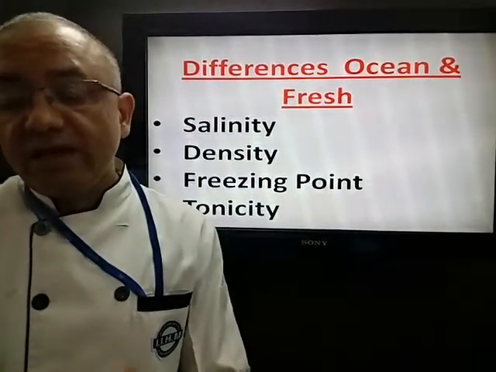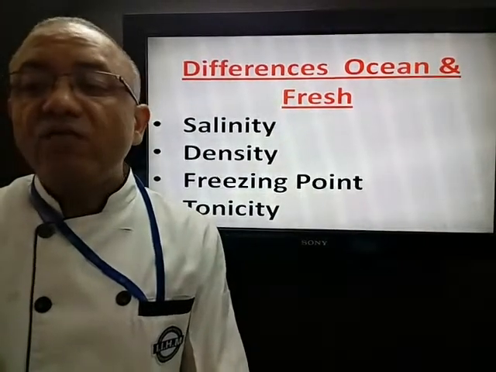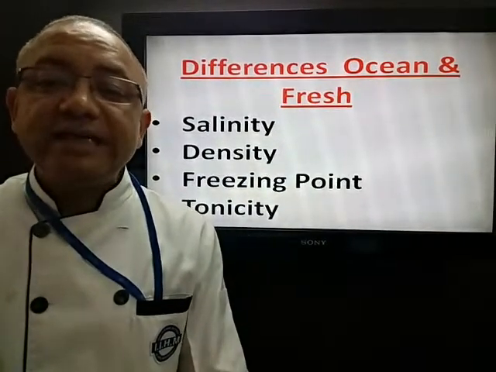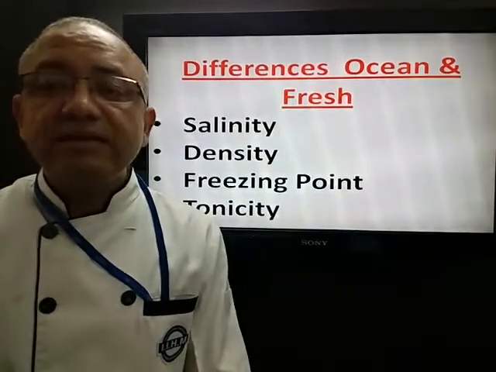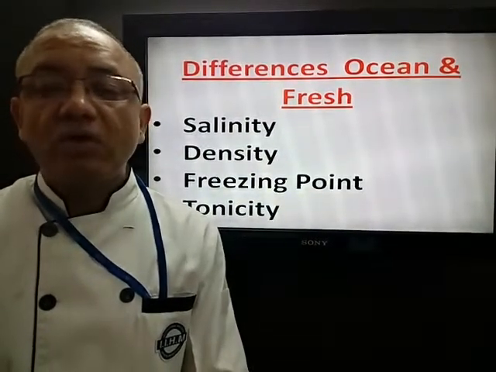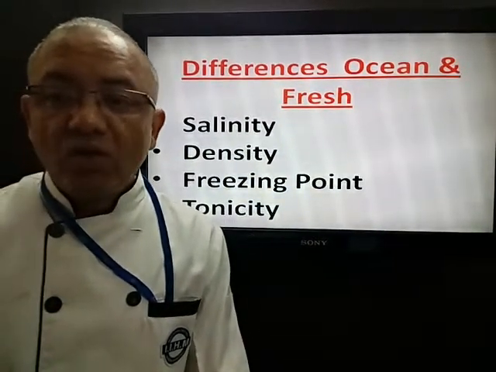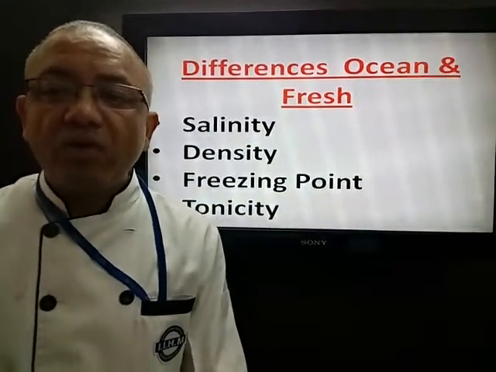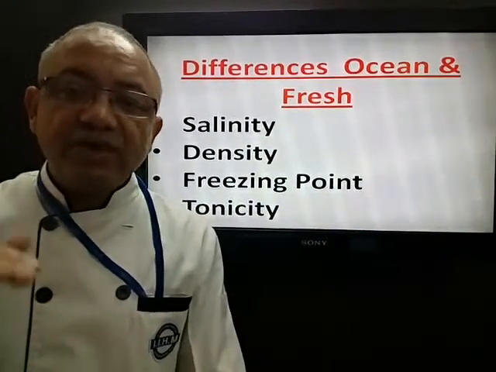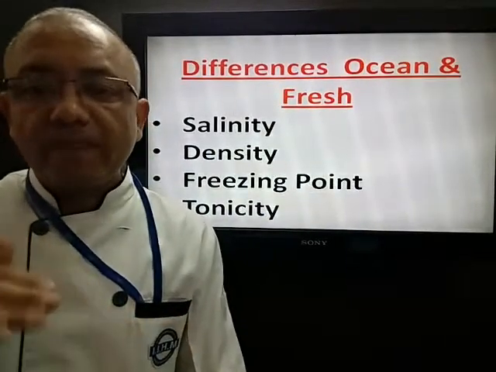Another thing is that the warm salt water is less dense than the cold salt water, and this results in the cold water sinking to the ocean floor. So the cold water is always on the downside, and the warmer water, because it is less dense, will come on the top of the ocean.